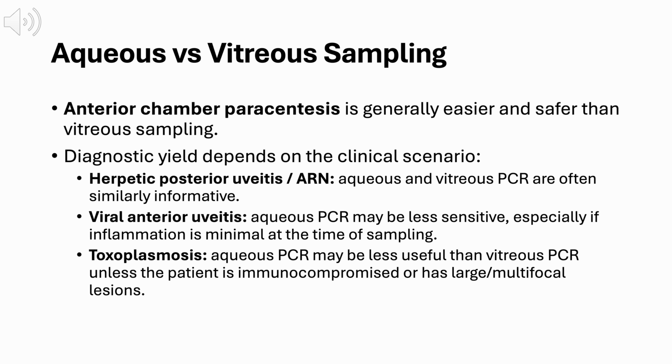In viral anterior uveitis, aqueous PCR may be less sensitive, especially when inflammation is minimal at the time of sampling. And in toxoplasmosis, aqueous PCR tends to be less useful than vitreous unless the patient is immunocompromised or has large or multifocal lesions. So match the compartment you sample to the disease you suspect.